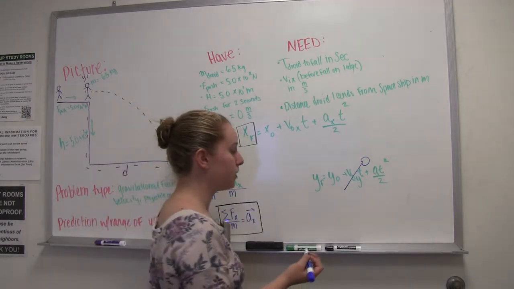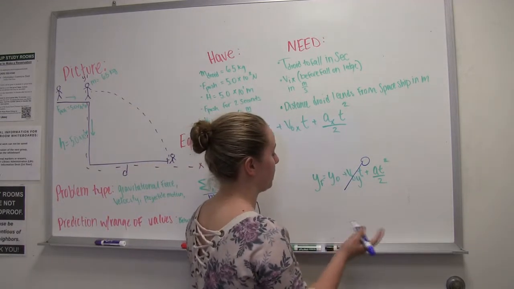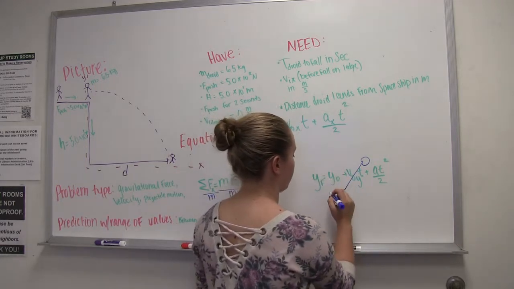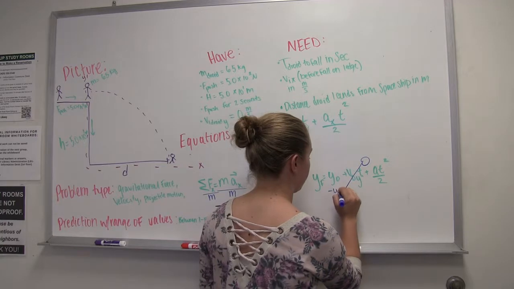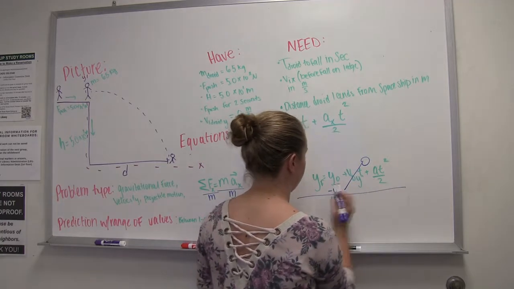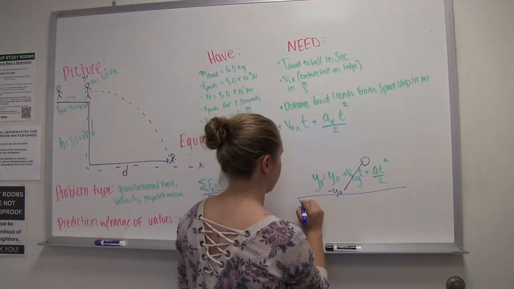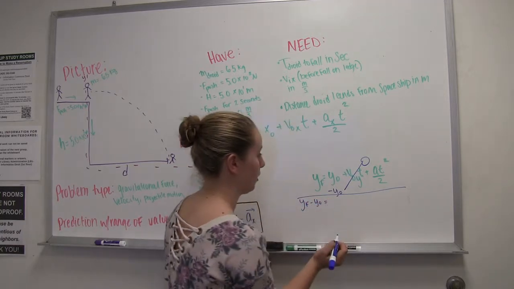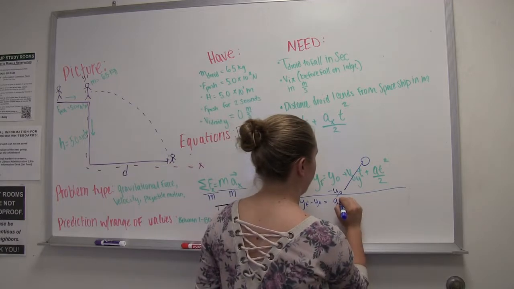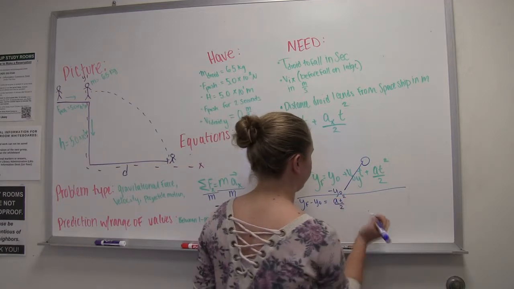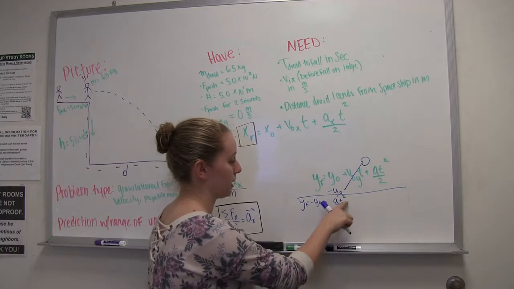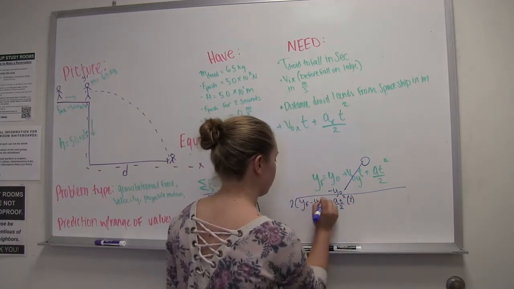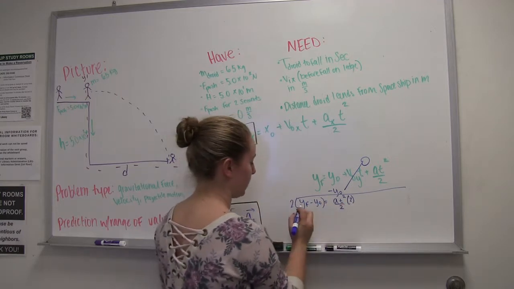Don't need it. So now we're going to keep going with a little bit of algebra and manipulation. I know that I can subtract this term and move it over, so minus y initial, the initial position in the y direction. So we have y final minus y initial on one side of the equation. On the other we have at squared over 2. Now we're almost there. We want to get this t by itself. So we're going to double to get rid of that half right there.